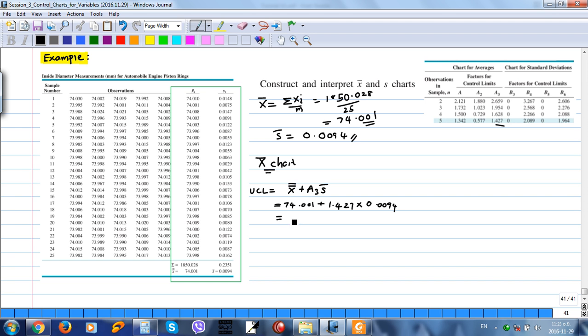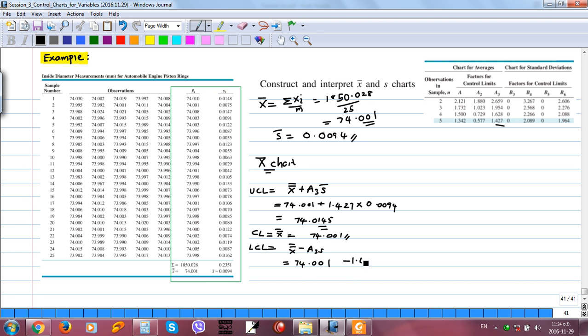If you simplify this, you get 74.0145. The center line equals X double bar, 74.001. For the lower control limit, X double bar minus A3 times S bar: 74.001 minus 1.427 multiplied by 0.0094. Simplified, the answer is 73.9877.